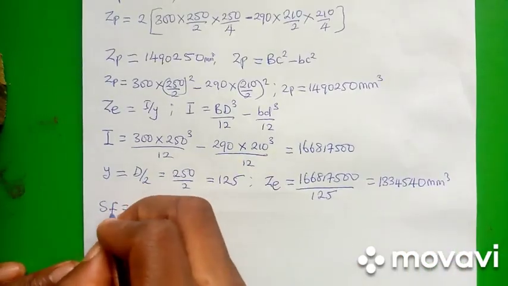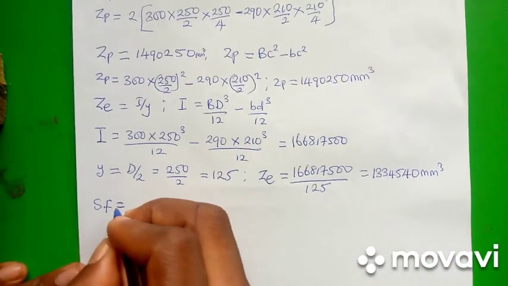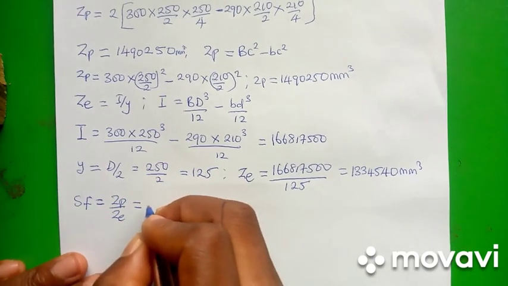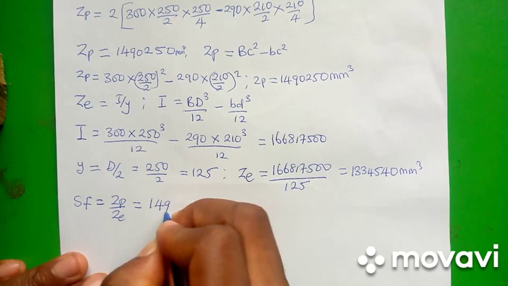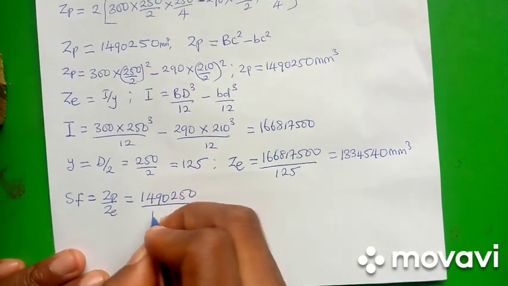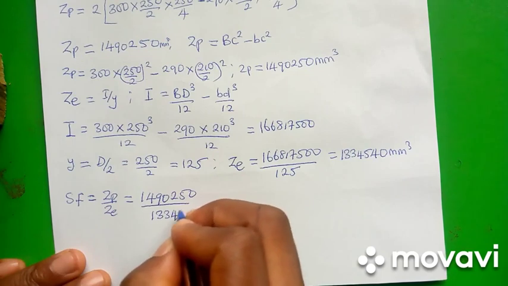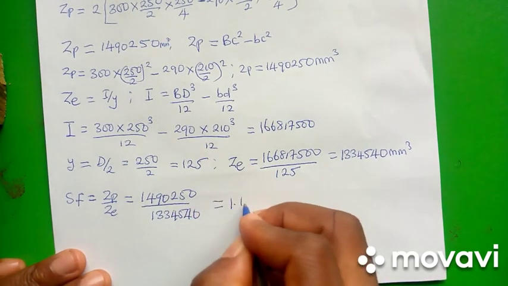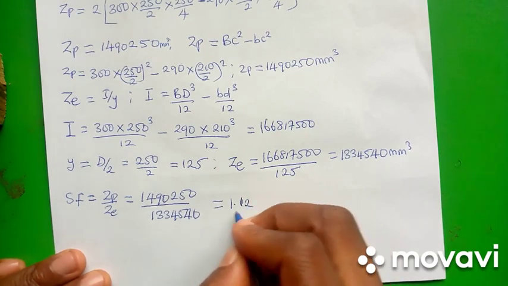Therefore, our shape factor is equal to Zp all over Ze, and that is 1490250 all over 1334540, which is equal to 1.12 approximately.